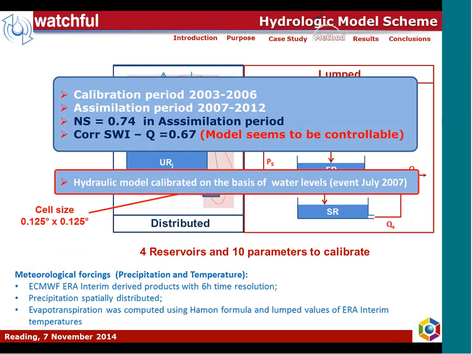The assimilation was then performed over the entire period 2007-2012 using the daily ASCAT and AMSR-E derived soil moisture products. So even if we are not using any in situ measured precipitation to force the model, but we use the ERA interim product, we found that in the validation period we have already a Nash-Sutcliffe of 0.74, which is a very good value given the input data especially.